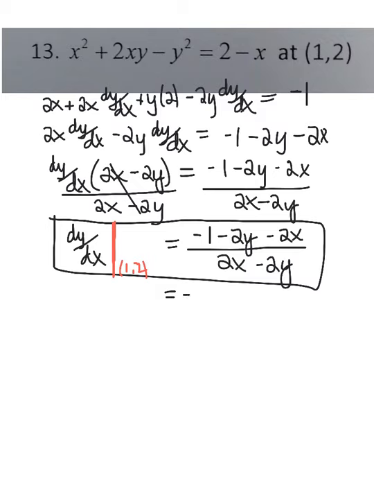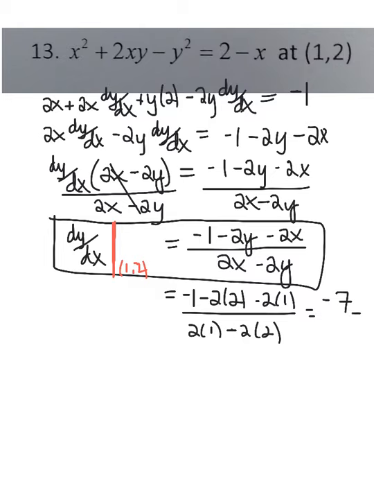So here we go. So negative 1 minus 2 times 2 minus 2 times 1, all over 2 times 1 minus 2 times 2, and that's a minus sign. Okay, so in the numerator I get negative 7, and in the denominator, I get 2 minus 4, which is negative 2, right?